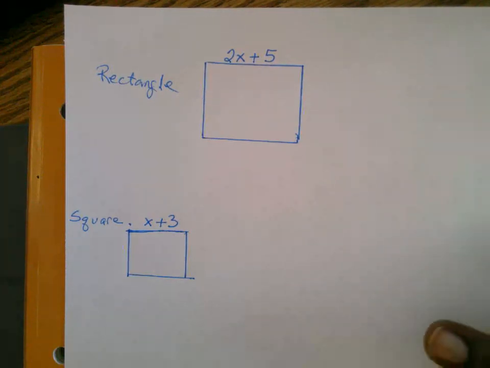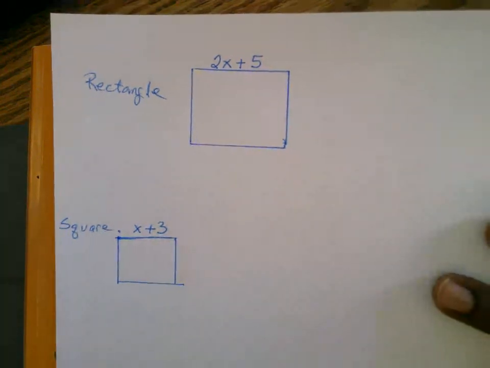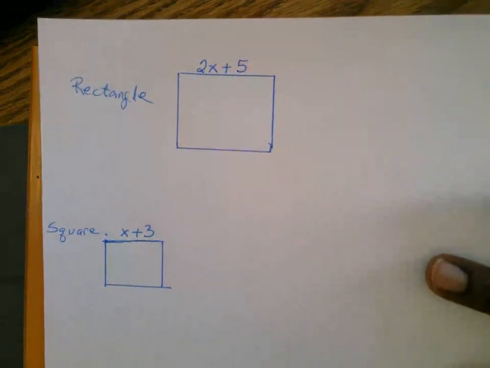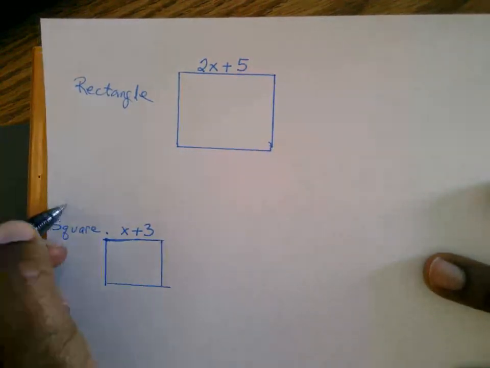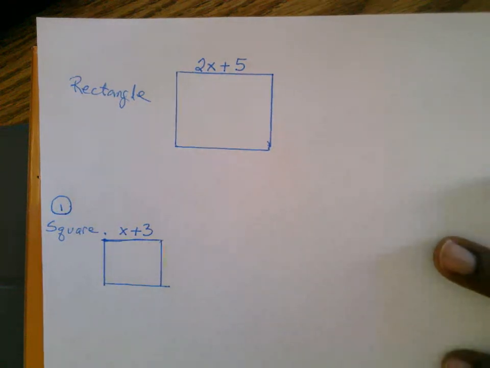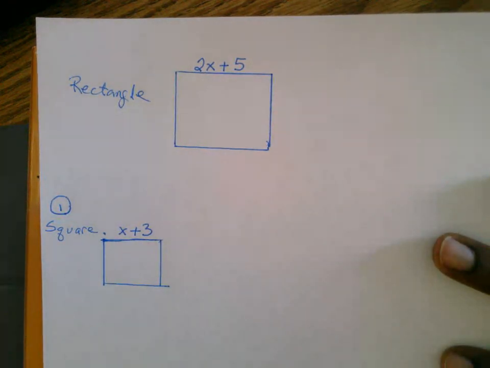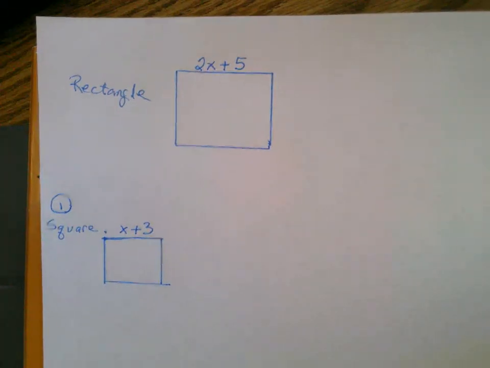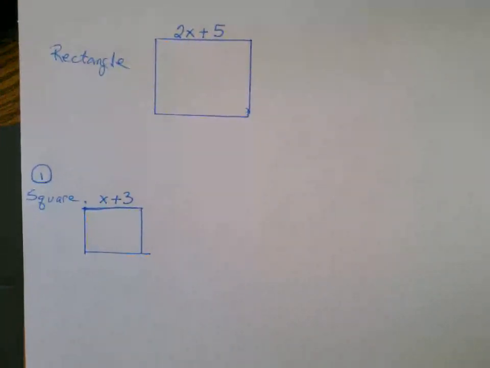When we're trying to find the perimeter of each figure, writing the equivalent expressions, if we start with the square first and we do the expanded form of the expressions, we know that since it is a square, all of the sides are the same.